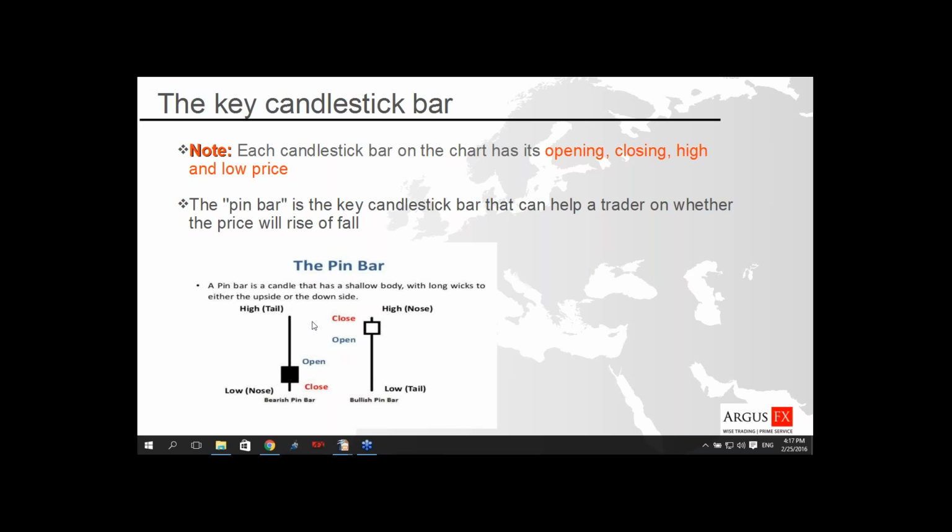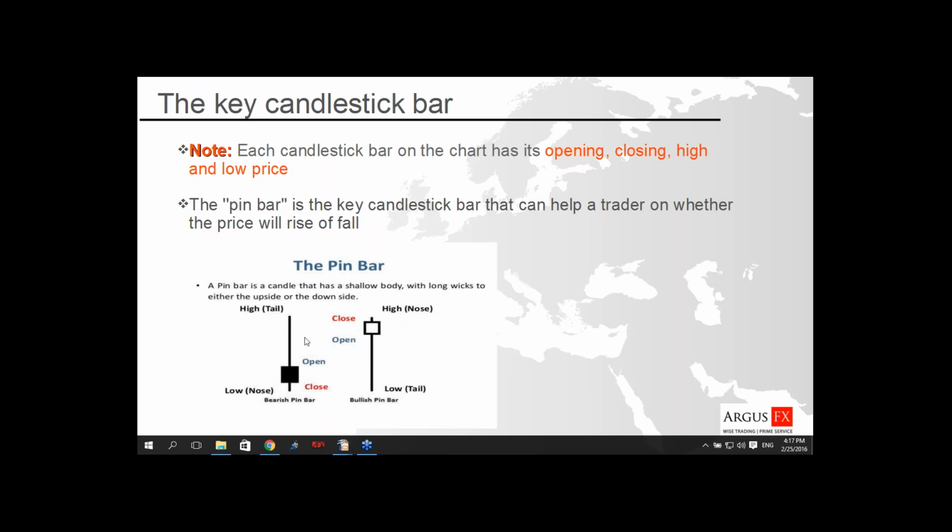In this case, this candlestick represents a bearish pin bar. Why? Because it has a high tail and a low nose. On the other hand, the bullish pin bar has a low tail and a high nose.